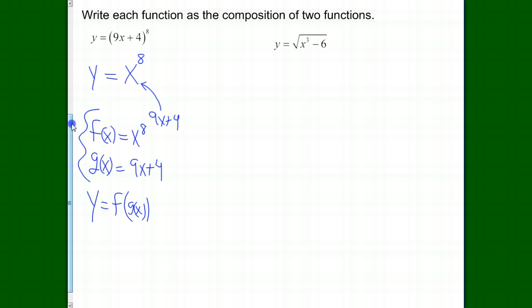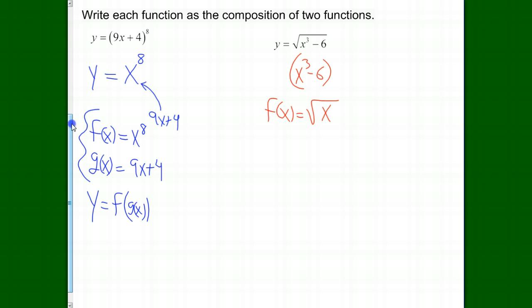Okay? Same thing's happening with this second example. What we have is the square root of x cubed minus 6. And so it's this parenthesis that we're plugging into a square root function. So let's say f of x is the square root of x.